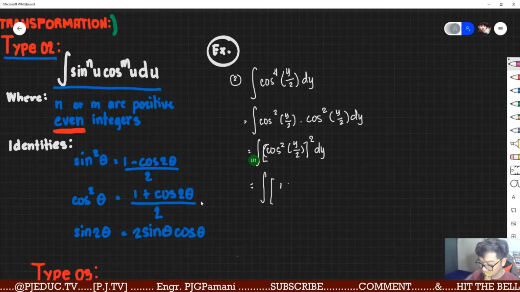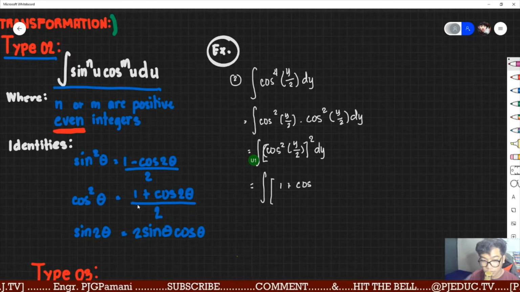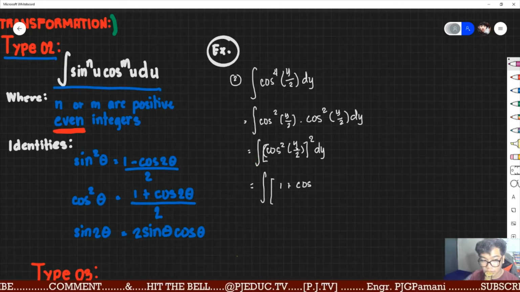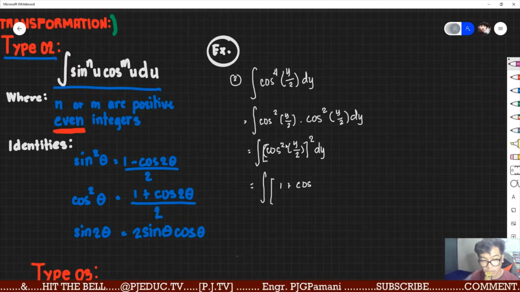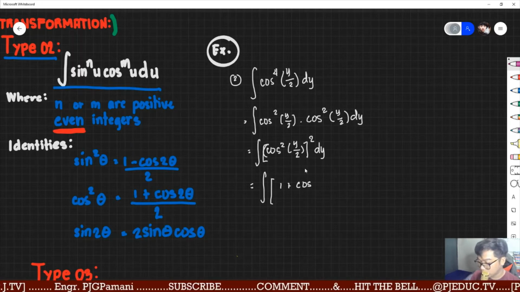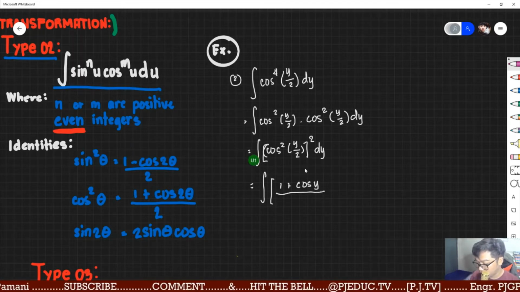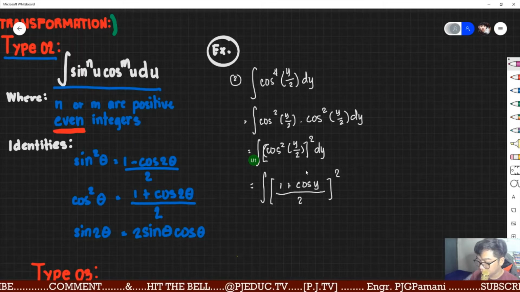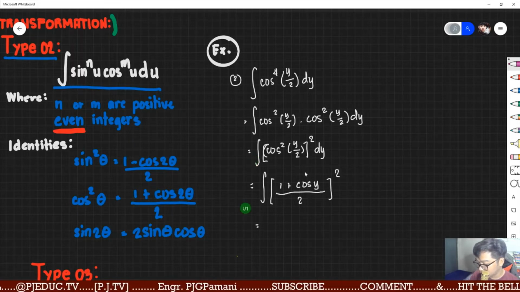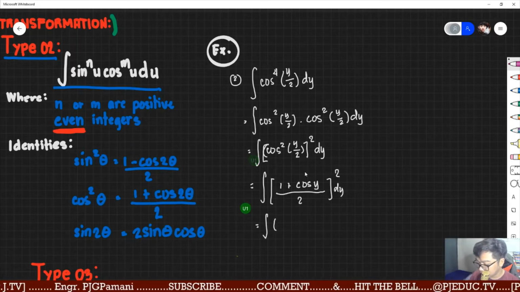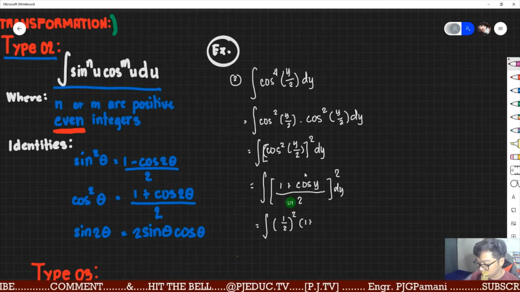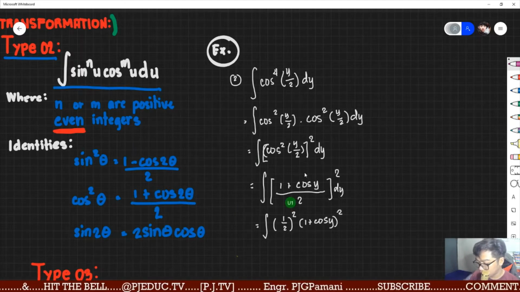Introduce natin yon: 1 plus cosine 2 theta, 2 times y over 2, that is now equal to 1 plus cosine y all over 2, squared. Para mas madali nating makita yung susunod, expand natin. Ilabas natin si 1/2 squared. Then, it is just the same as 1 plus cosine y squared dy.